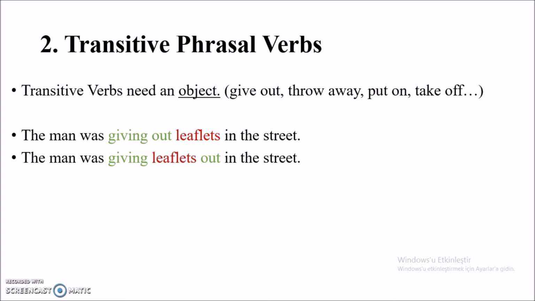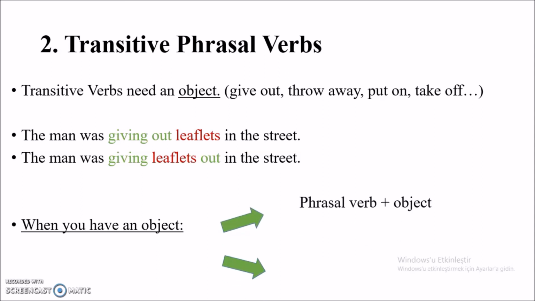Okay, so if you look at the second sentence, it is almost exactly the same sentence. I just changed the place of the object, okay, but the meaning is still the same. So if you are talking about a transitive phrasal verb, which means if you have an object, there are two scenarios or two ways to use your phrasal verb, okay?